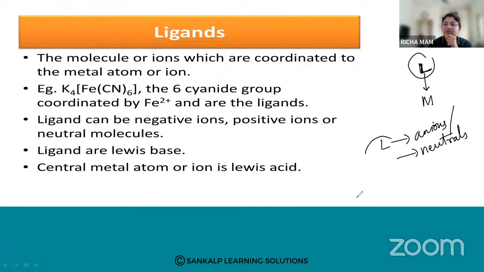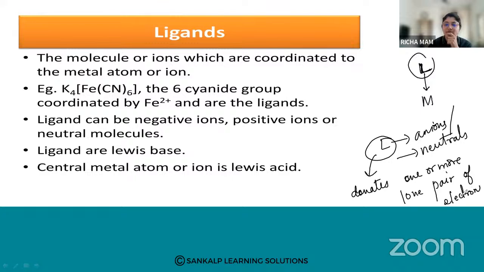What is the condition for the ligands? It should donate one or more lone pairs of electrons to the central atom or ion so that it can form a coordination bond. The ligand should give electrons to the metal so that this coordination bond is possible.